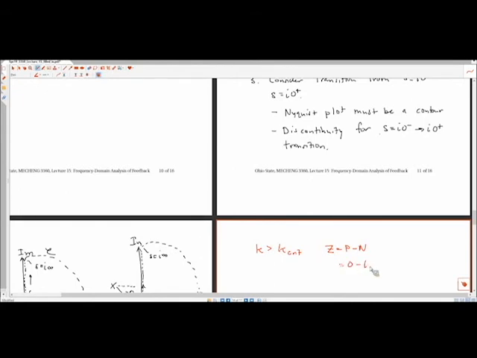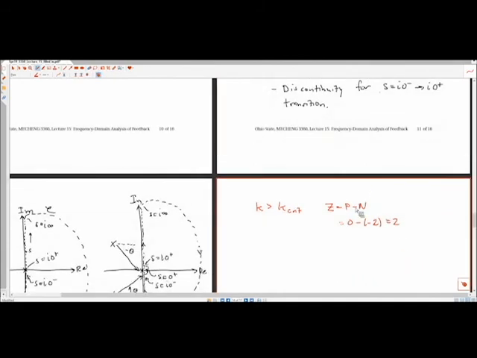And we have -2 counterclockwise encirclements, or 2 clockwise. If it's clockwise and we want counterclockwise, just put a negative sign out front. So that means we have 2 closed loop poles in the right half plane, and it's unstable.